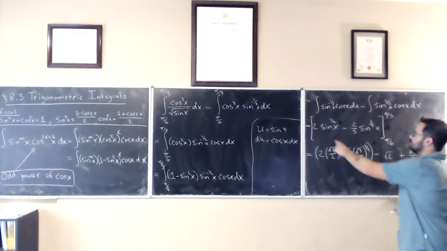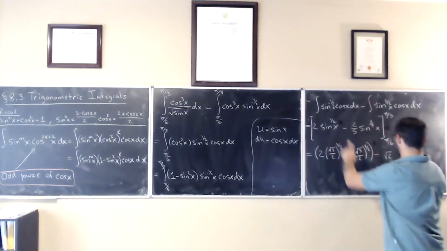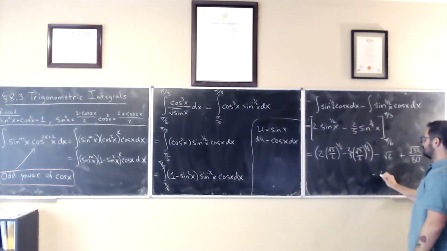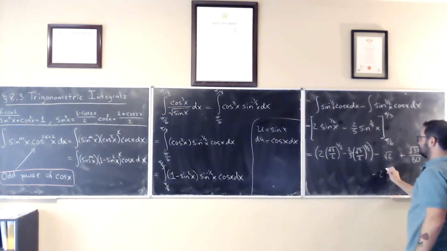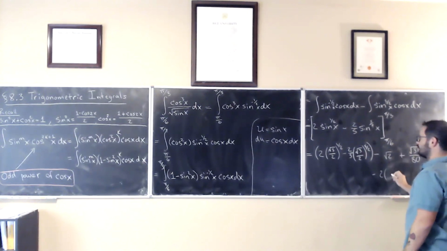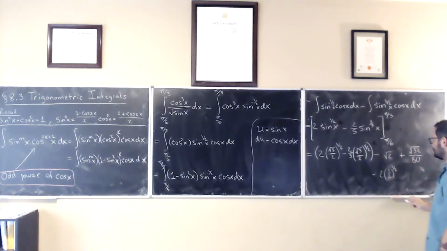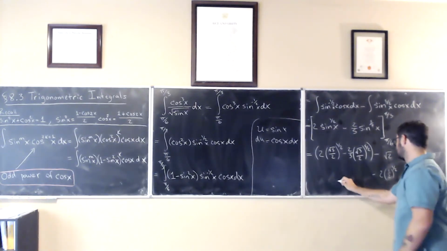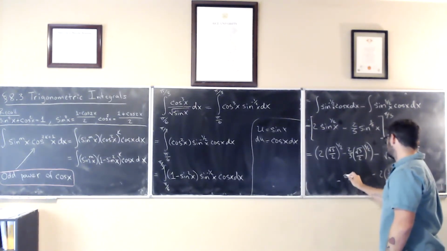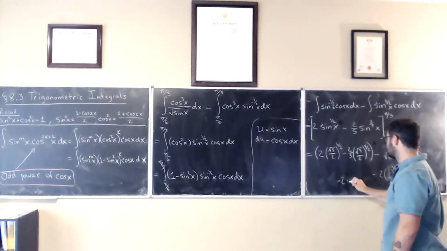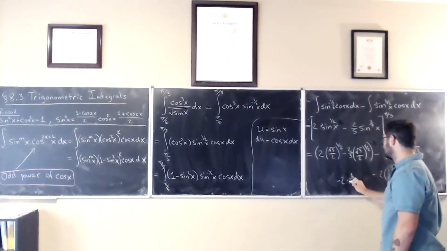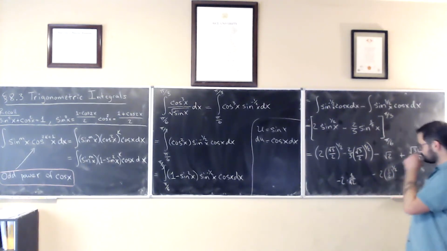And for example here, if I wrote 2 times sine of pi over 6, which is going to be 1/2, right? So this is like saying minus 2 times the square root of a half, or 1 over root 2.